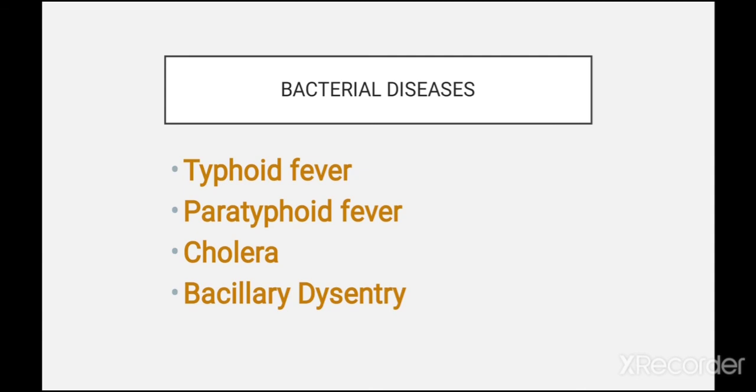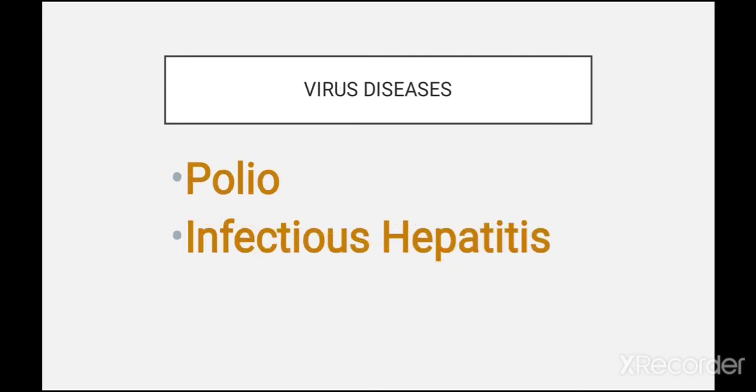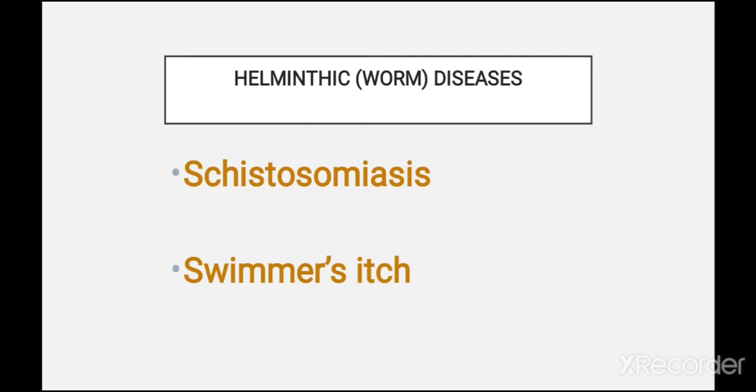The common waterborne bacterial diseases are typhoid fever, paratyphoid fever, cholera, bacillary dysentery, etc. Some of the protozoal diseases are amoebiasis and amoebic dysentery. Viral diseases are polio and hepatitis, and helminthic worms can cause schistosomiasis, swimmer's itch, etc.